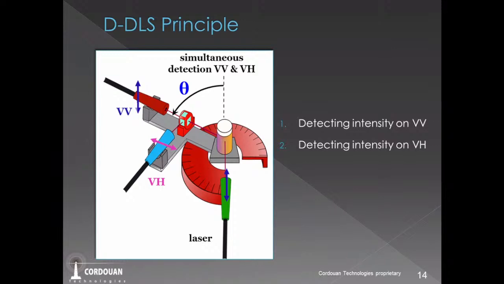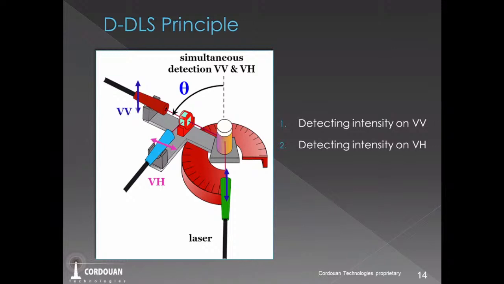So you know what the polarization of a light is? It's the vector along which you have the electric field of the photons of the light. Imagine here we are sending vertically polarized light to the sample, and we are splitting the light.